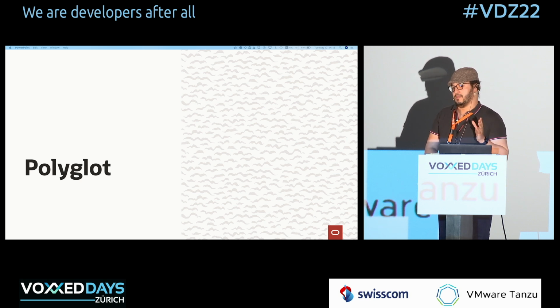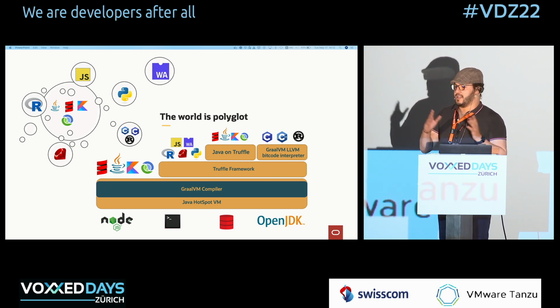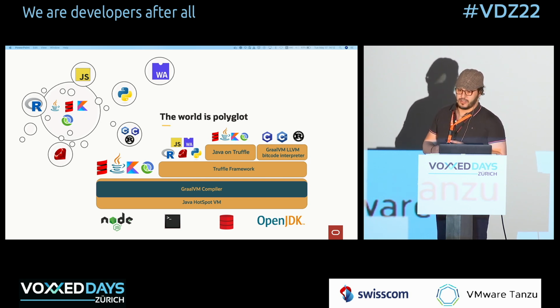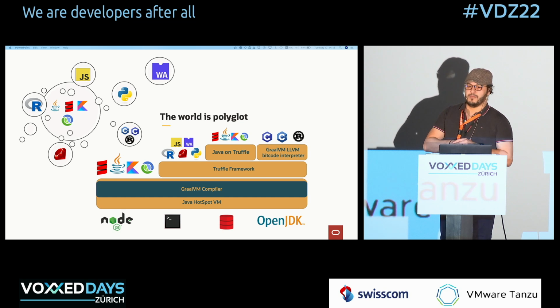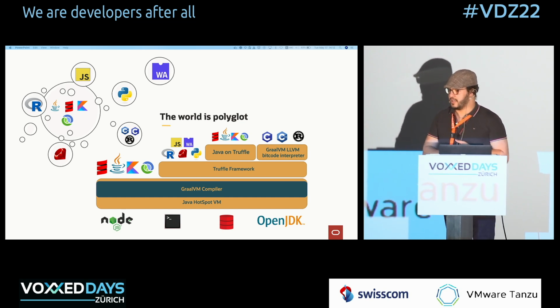The other aspect is polyglot. Polyglot is basically, the word is actually polyglot, right? We have fans for multiple languages, for multiple delivery ways, and GraalVM actually tries to provide the same set of improvements to the compiler and tooling to every language.